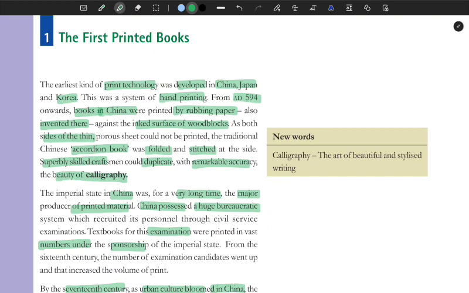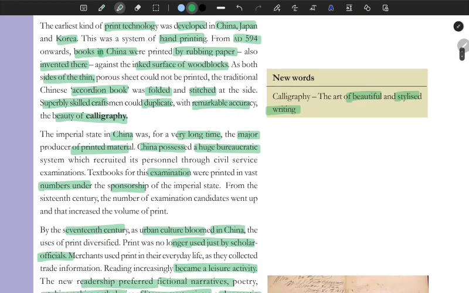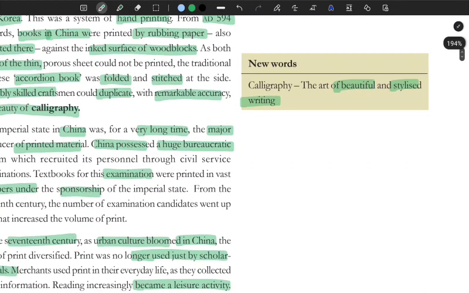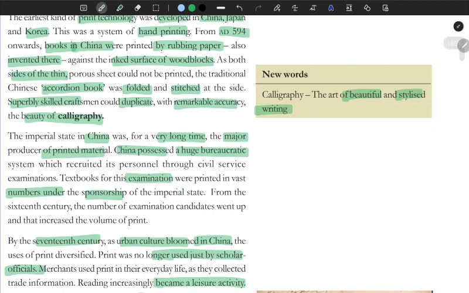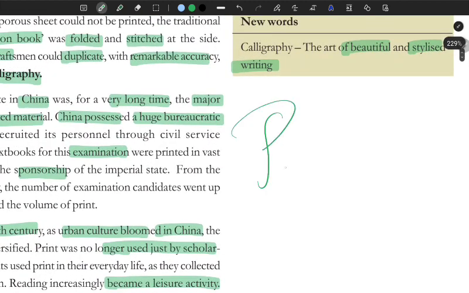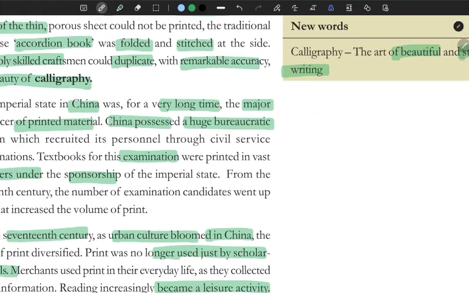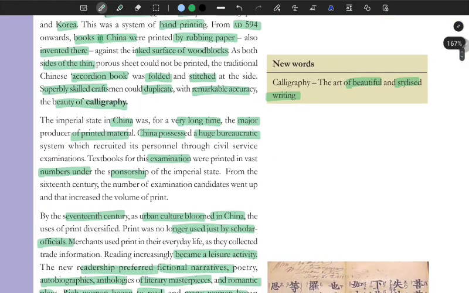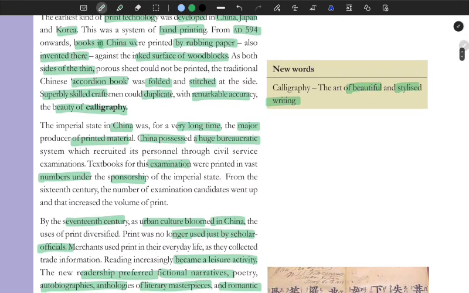Calligraphy ka matlab hai the art of beautiful and stylish writing. You have seen calligraphy, right? I once tried calligraphy and it came out very badly. Let me write my name, Pawan. This is like very bad handwriting, guys, but calligraphy is a very nice form of handwriting, and so many people have mastered the art of calligraphy.